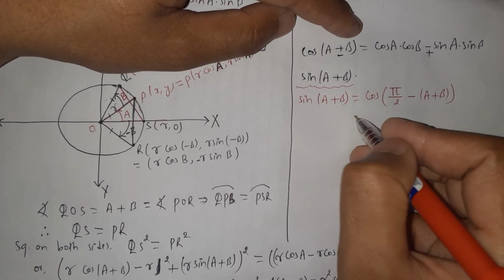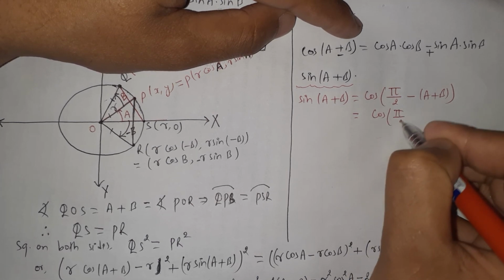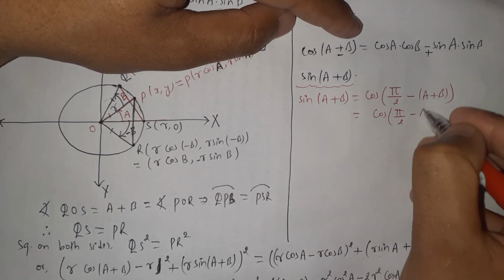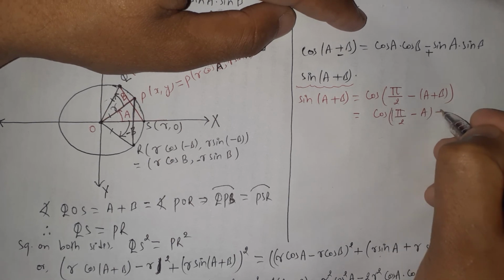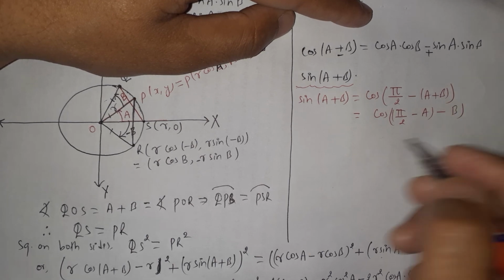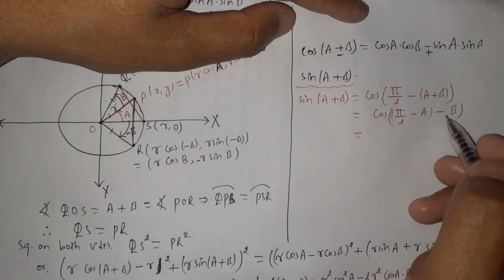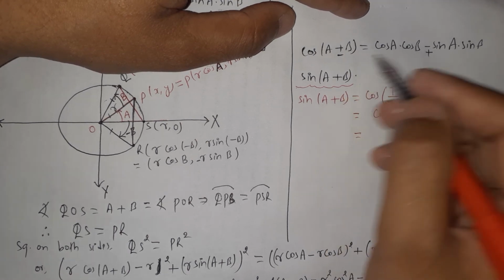Now this form can be written as cos of pi over 2, pi over 2 means 90 degrees, minus A. This is one angle, minus B. Here we just arrange the angles, and here is a form like cos A minus B. Right? We can use the above formula here.